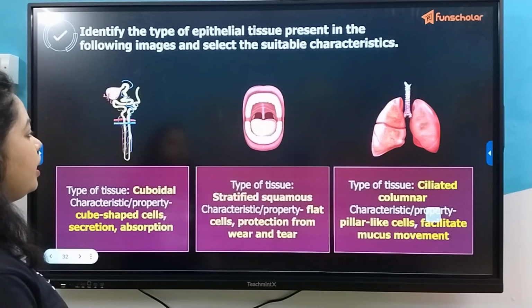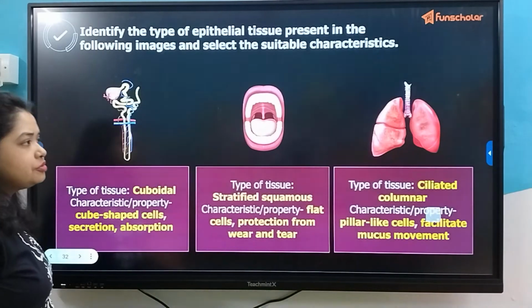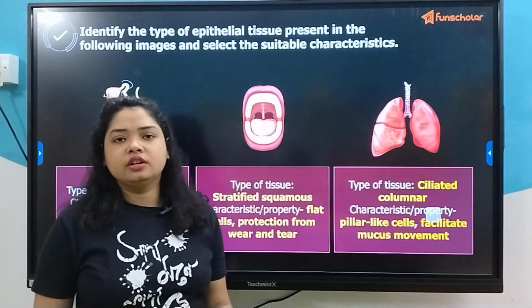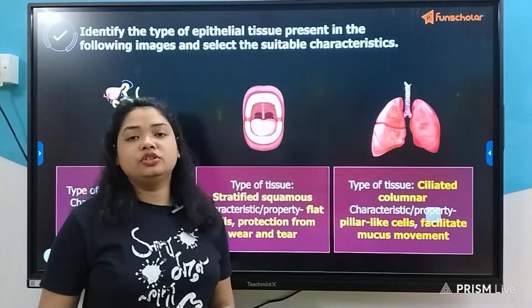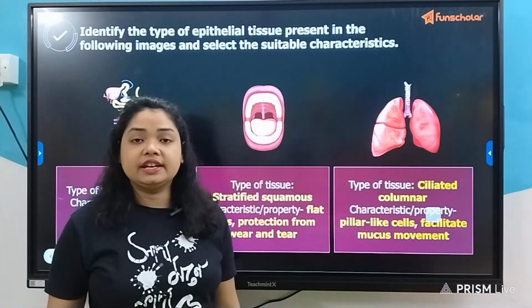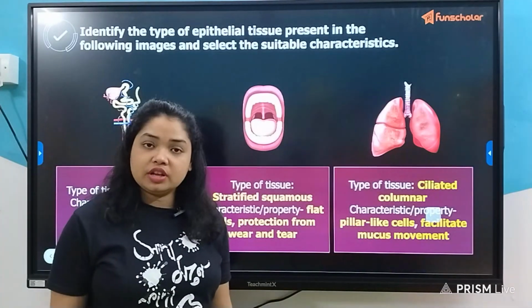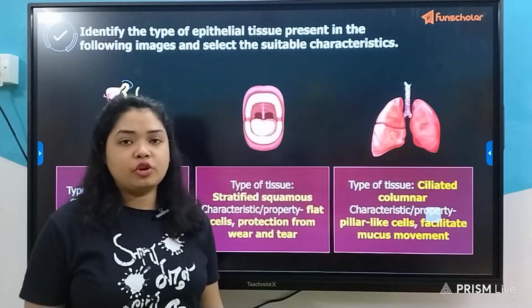So therefore, we have known about the different types of epithelial tissues, their modifications in different regions of the body according to the different functions that they need to carry out in those regions of the body.